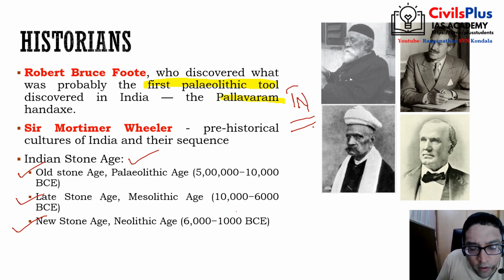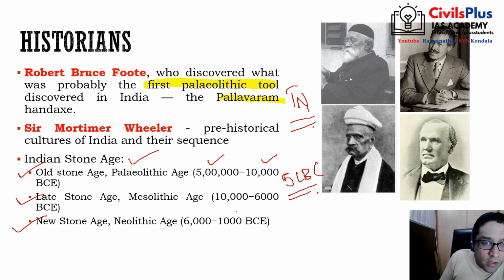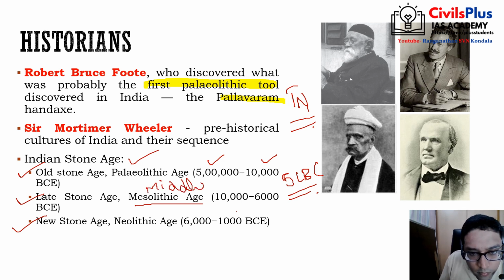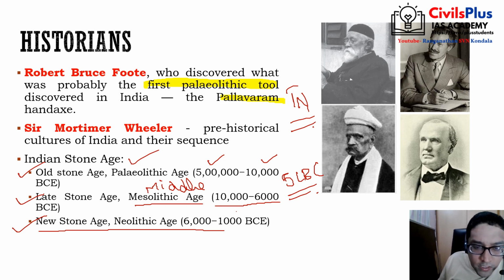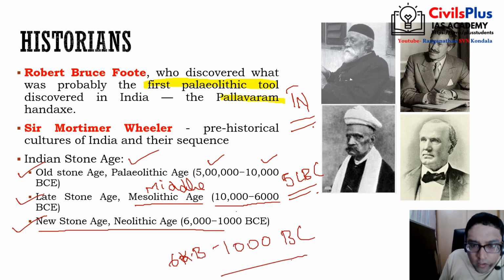This ranges from 5 lakh BC to 10,000 BC. The Mesolithic Age or Middle Stone Age ranges from 10,000 BC to 6,000 BC. And the New Stone Age or the Neolithic Era ranges from 6,000 BC to 1000 BC.